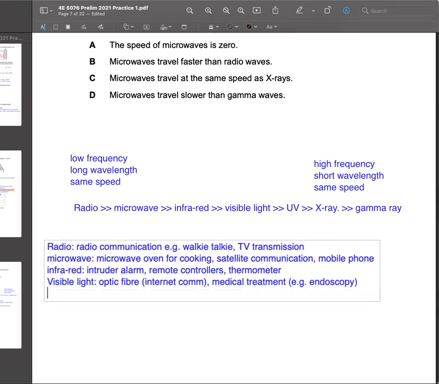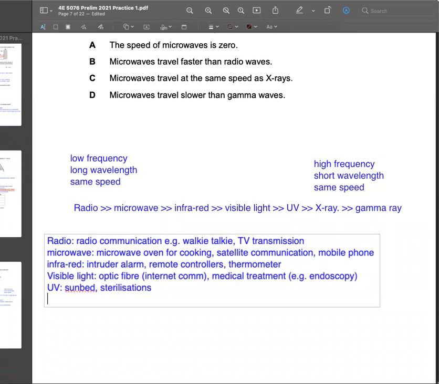All right. UV is used for sunbaths and sterilization. Okay. X-ray, radiological and engineering applications.